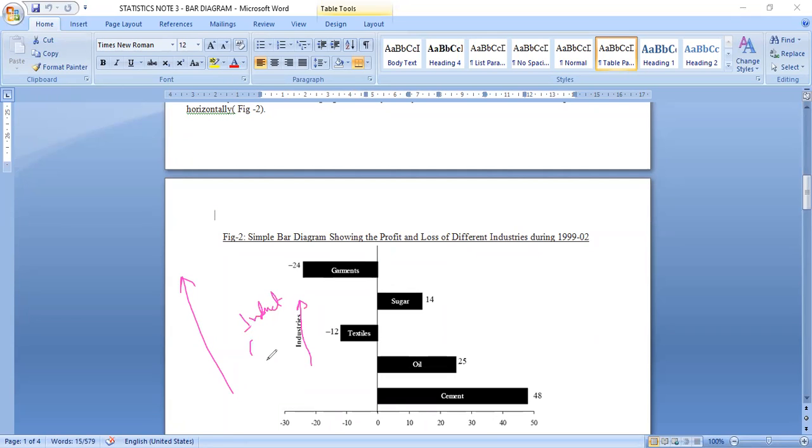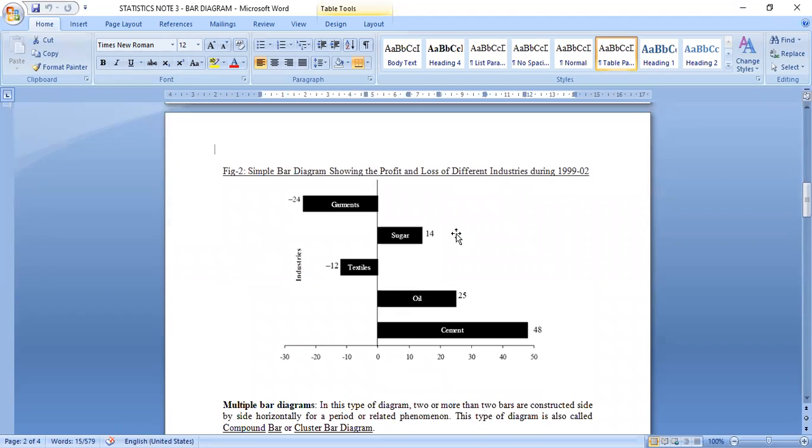But x is here. Remember, x is here. So it is called horizontal bar. And y is along the horizontal. Right? X is here. Look carefully. X will be there. In this case, this is industries X. And this is horizontal Y.